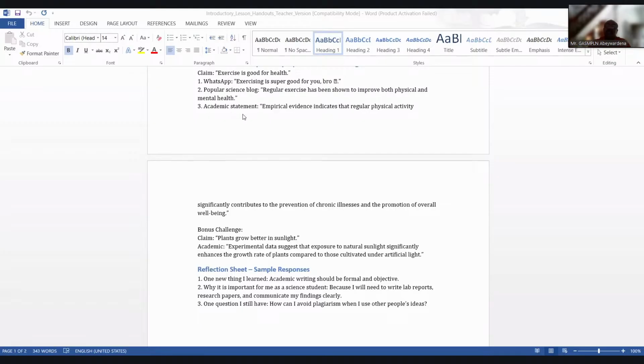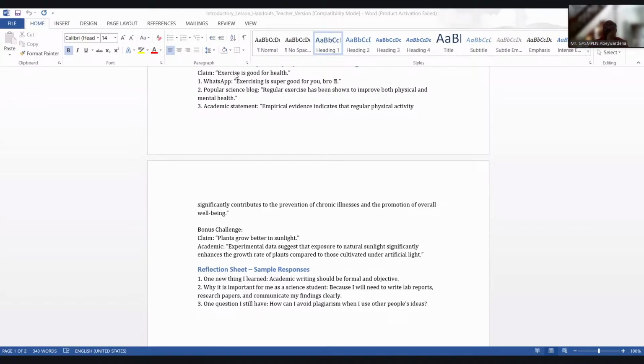Academic statement, that is academic. Empirical evidence. Empirical means research, that is the adjective that we can use for research. Empirical evidence indicates that regular physical activity significantly contributes to the prevention of chronic illnesses and promotion of overall well-being. Did you understand? If you want, you can write it down.